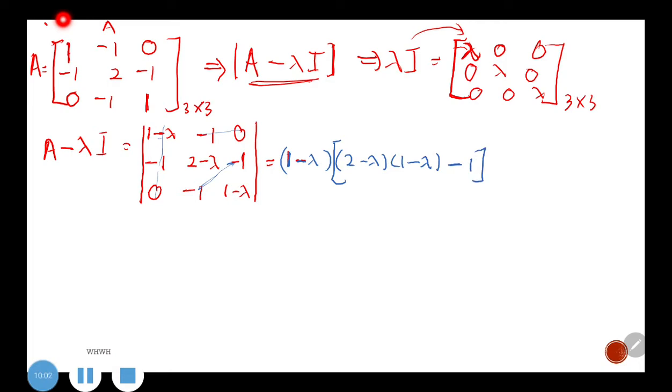Okay. And then minus, second row is positive negative, so minus here, the second element, first row, second column, we subtract, remember, to find the determinant of a 3 times 3 matrix. So this one is negative 1 multiplied by negative 1, this one with this one, negative 1 multiplied by 1 minus lambda.